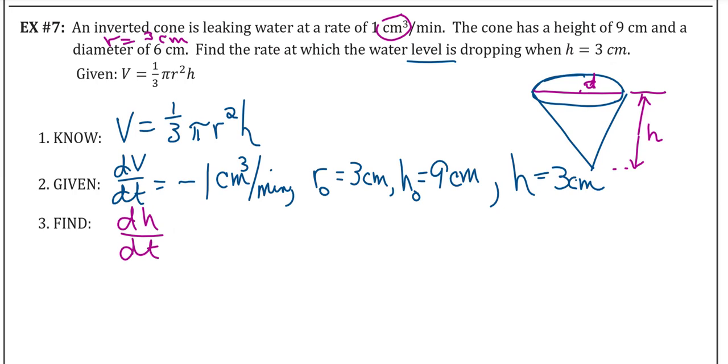So what we don't have any information about is the rate of change of the radius or the value of the radius. So the idea is we want to eliminate that from our formula. So that's where we're going to start. We're going to start by looking at the fact that R over H when we start is going to be 3 over 9.